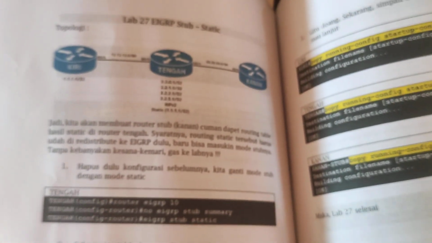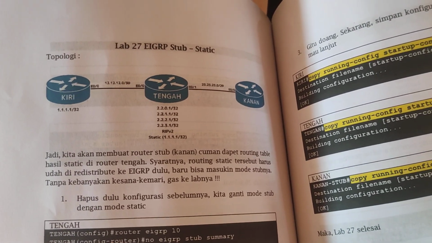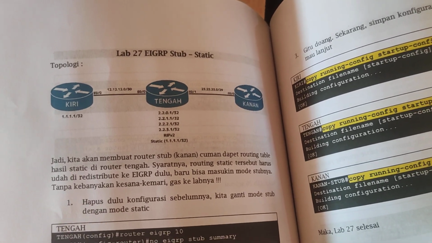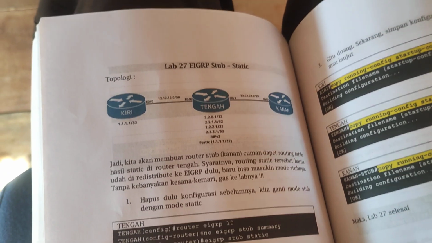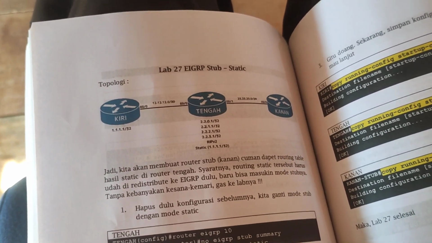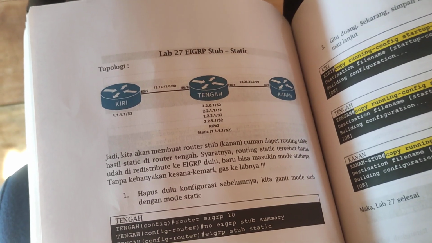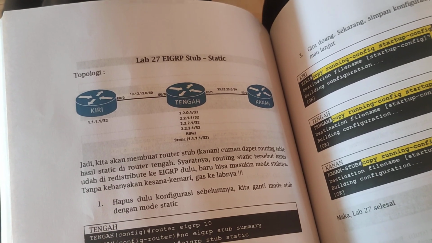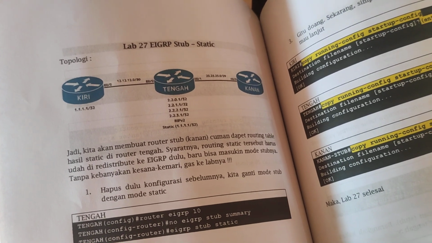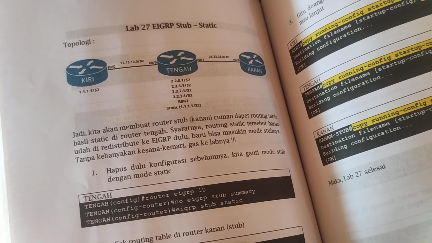Okay, and then the next is EIGRP stub static. This uses the same topology. What is stub static? When a router is configured as an EIGRP stub static, it means the router only advertises its static routes, and maybe connected routes if configured in its EIGRP network. It doesn't advertise routes learned from other routers.